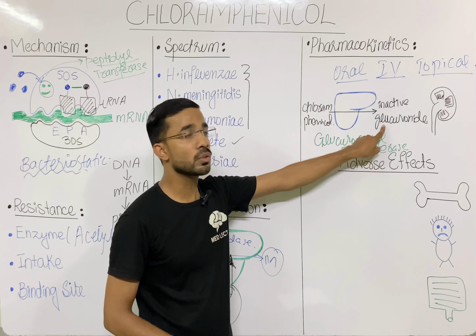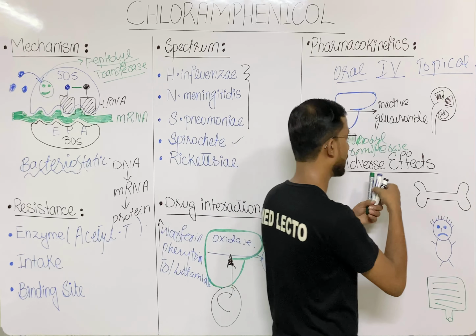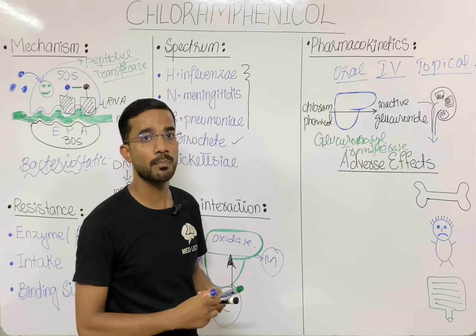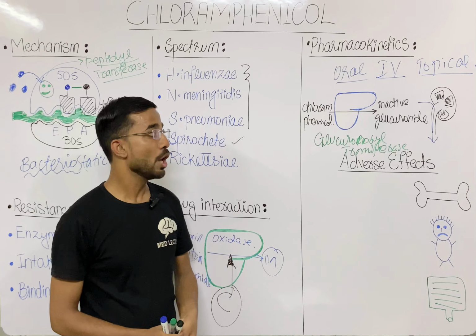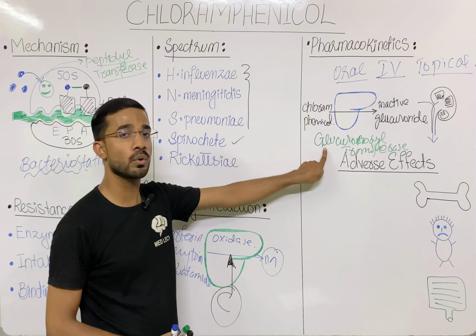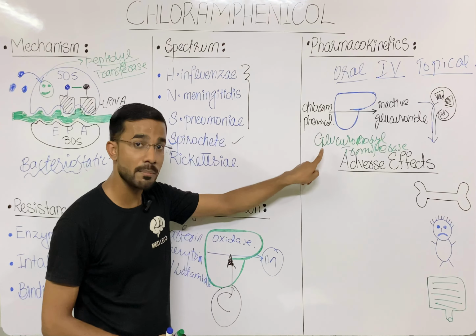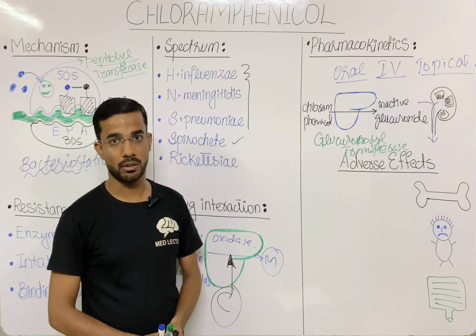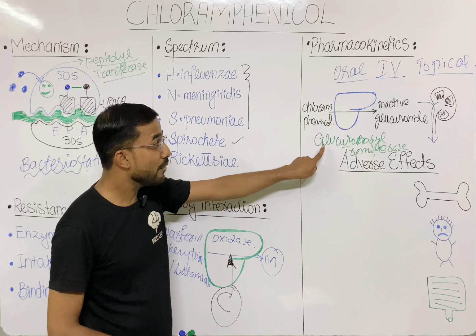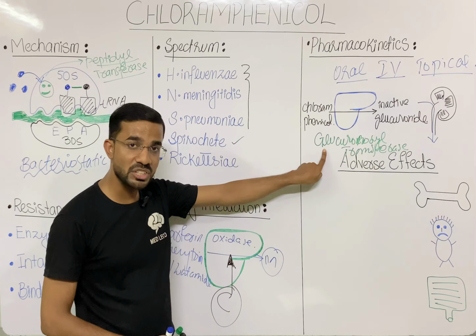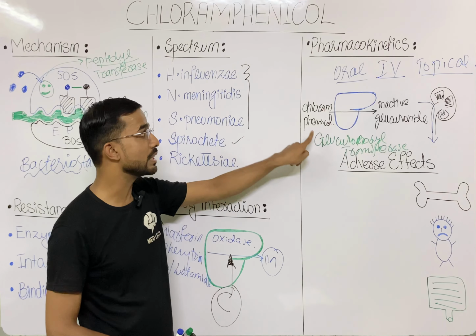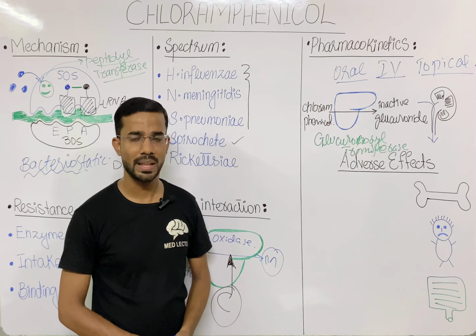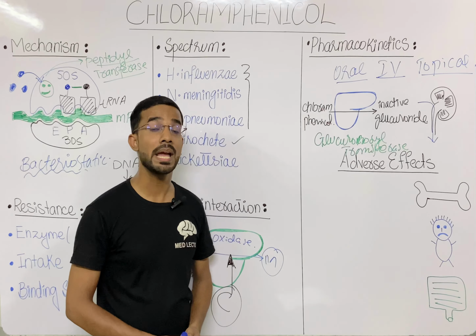After that this glucuronide is excreted from the body in the urine. So this enzyme is very important in the metabolism of chloramphenicol. If you see a deficiency of this enzyme, then chloramphenicol will start increasing inside the body, and that also happens in the baby.